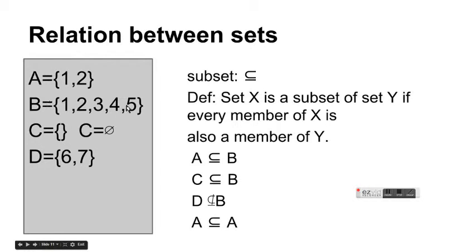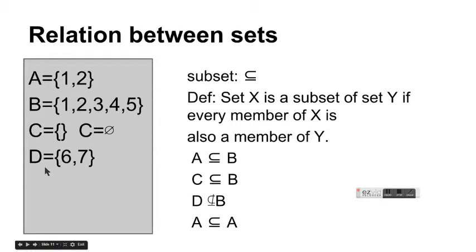So in our example, A is a subset of B because all the members in A, 1 and 2, are also members of B. We have 1, 2 here. And the tricky point is here, C is an empty set. There is no member inside C. So C is also a subset of B. Actually, an empty set is a subset of every set.